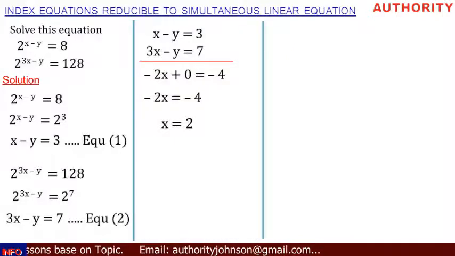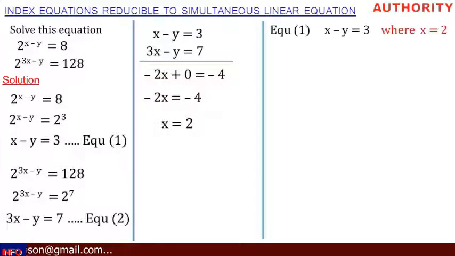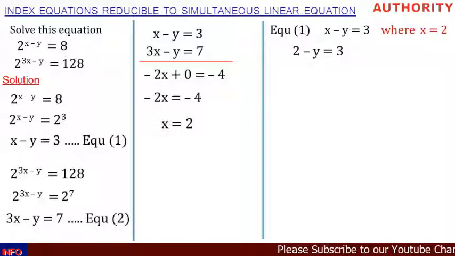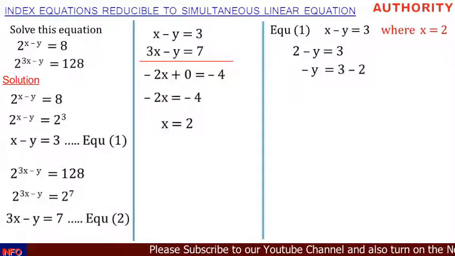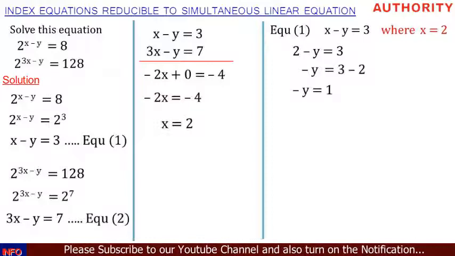Let's pick either equation 1 or equation 2 and solve for y. Let's pick equation 1, which says x minus y is equal to 3, and x is equal to 2. So we have 2 minus y is equal to 3. Let's make y the subject: minus y is equal to 3, taking 2 to the other side, minus 2. 3 minus 2 is equal to 1, so minus y is equal to 1.